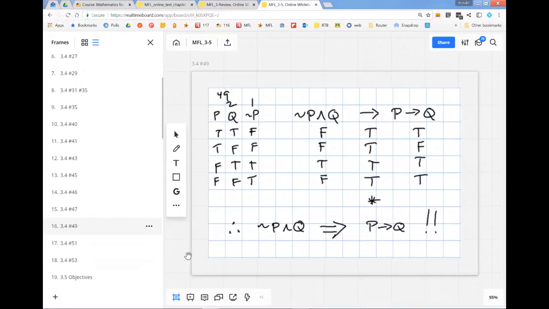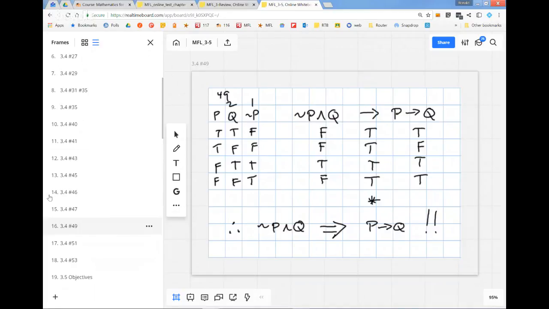Okay, here's number 49. First of all, this has got some rather complicated directions. The directions say we're going to give you two statements. You're supposed to determine whether the two statements are equivalent, meaning their truth tables come out the same, or the first one implies the second, or the second one implies the first.